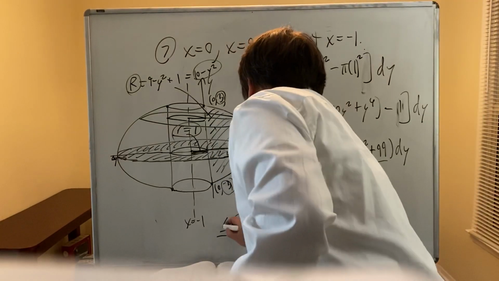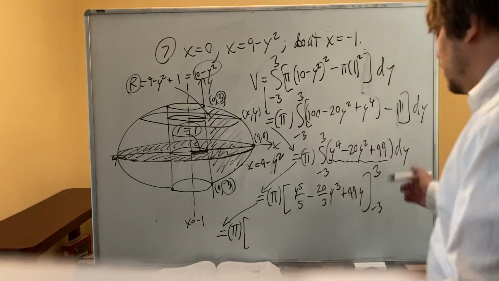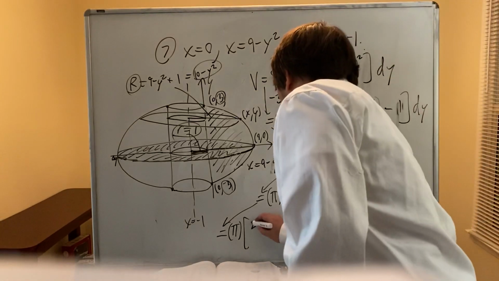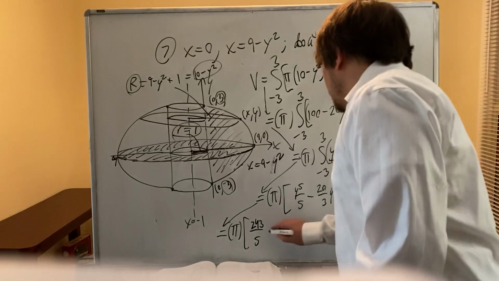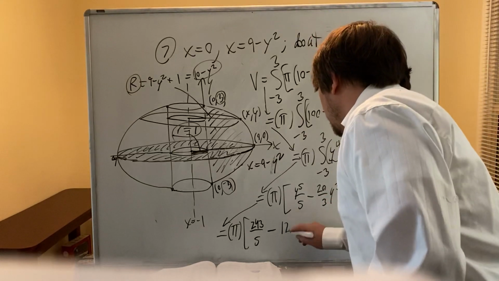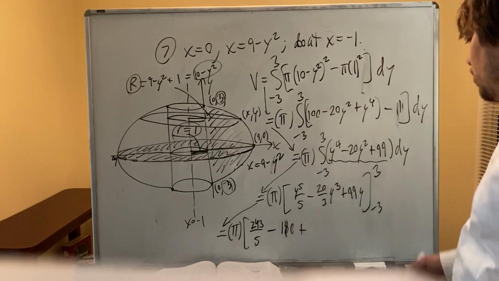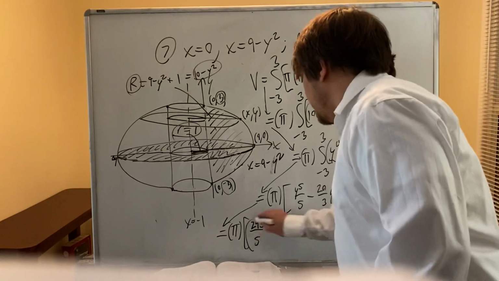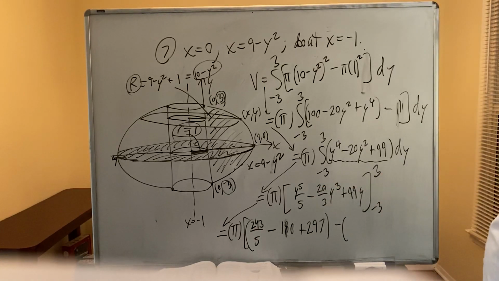And so that's equal to pi times, plugging in 3, doing the calculation, you get 243 over 5 minus 3 cubed over 3 is 3 squared, that's 9 times 20, which is 180, minus 180, plus 99 times 3, which is 297, minus, now plug in a negative here.